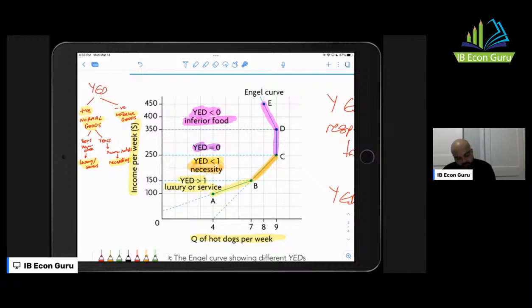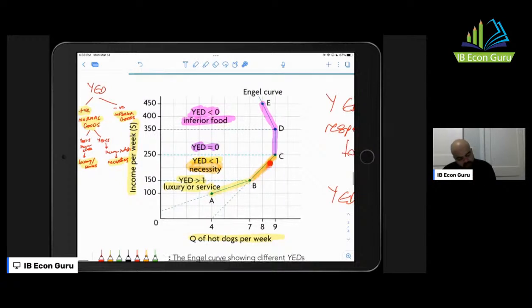So think of these as different Engel curves. A consumer with very low income, very poor, might see a hot dog as a luxury or a service.